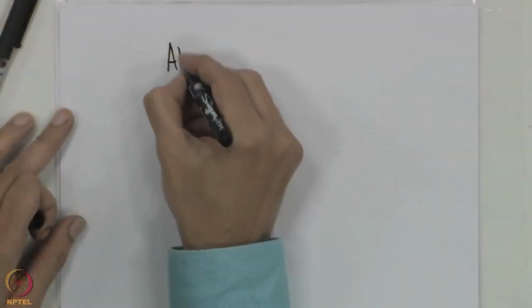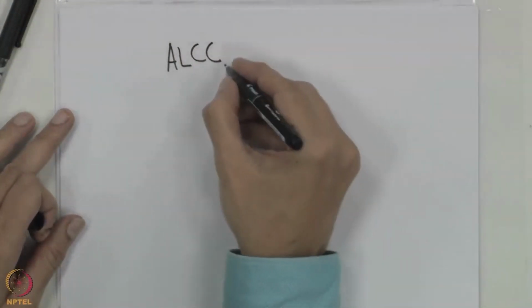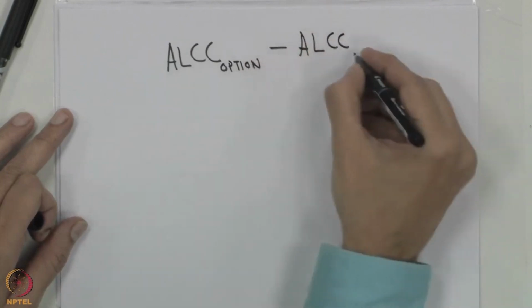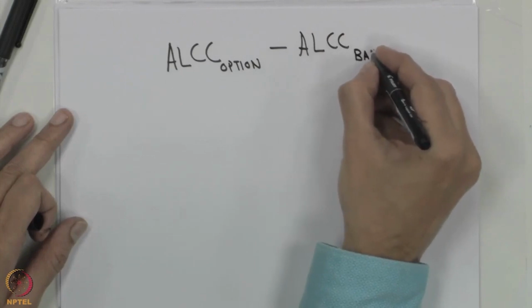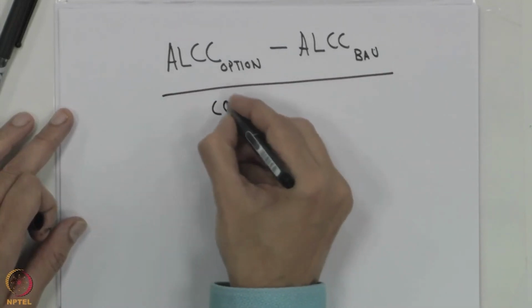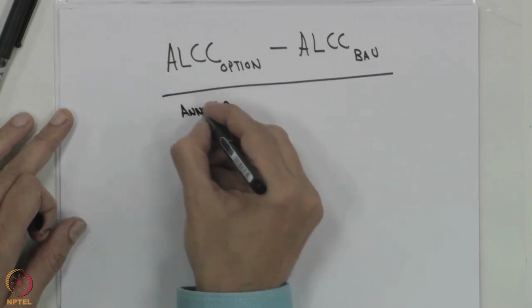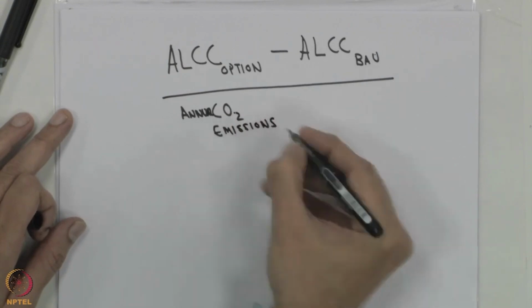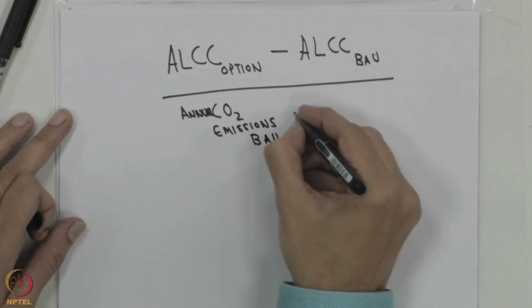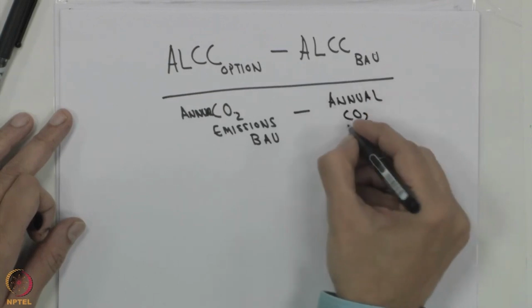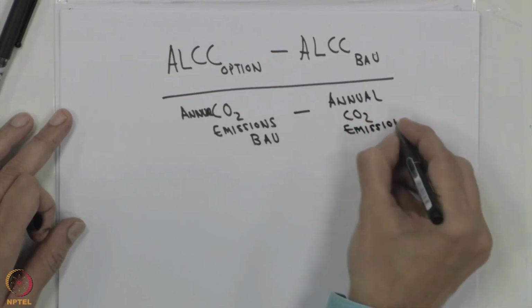Essentially, we can look at the ALCC for the option that we have, minus the ALCC for the base case or the business as usual case, and then divide by the annual CO2 emissions saved with the option that we have.